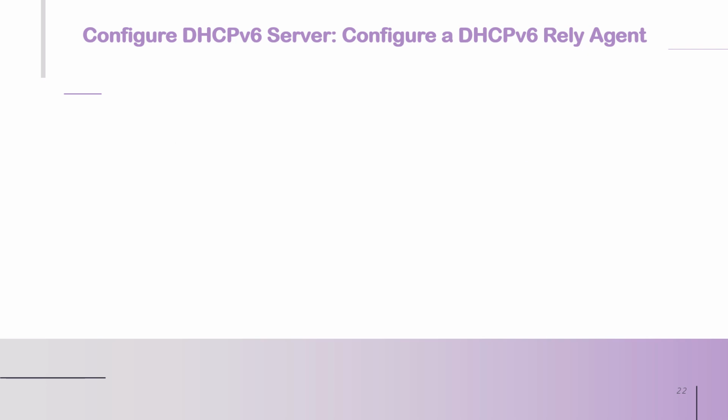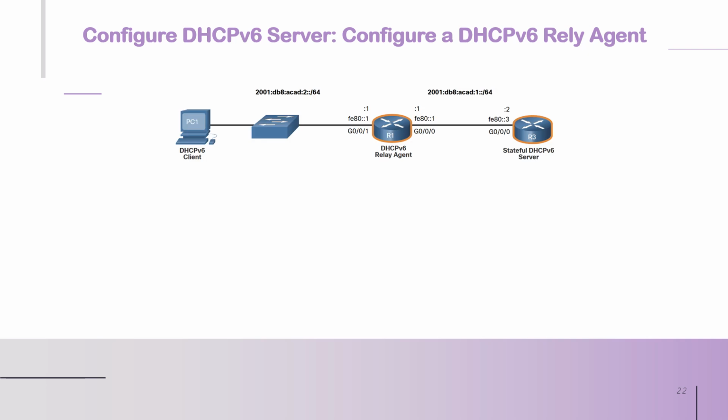To do that, we will go through this topology where router 3 is configured as a stateful DHCPv6 server. PC1 is on this network and requires the service of a stateful DHCPv6 server to query its IPv6 configuration.